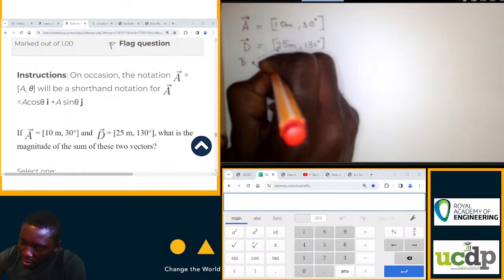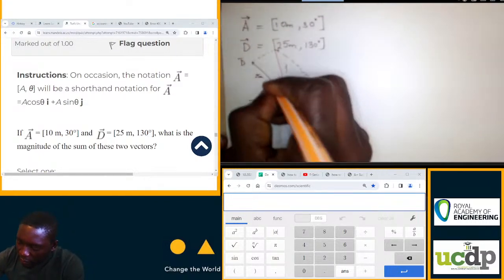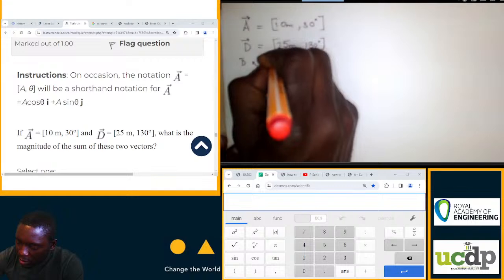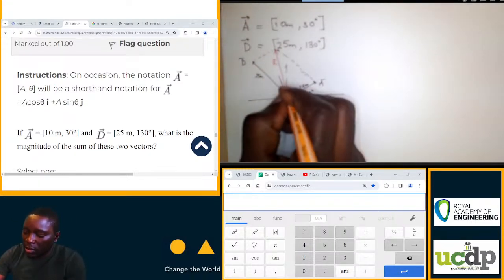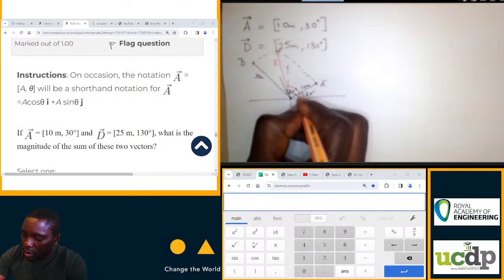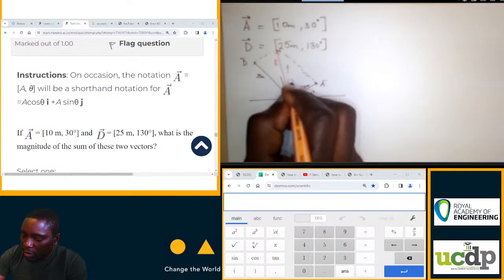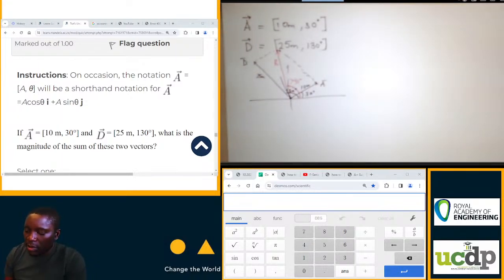So here we have the resultant, and we want the magnitude of this resultant. Already you can see the angle there is greater than 90 degrees for the resultant.